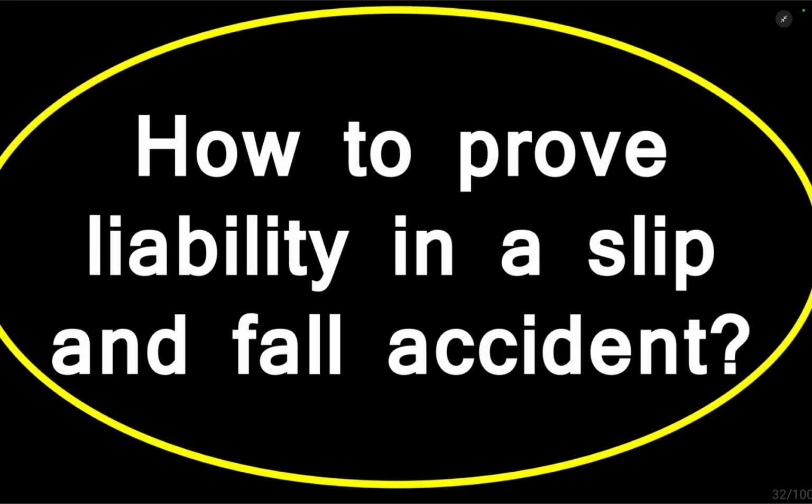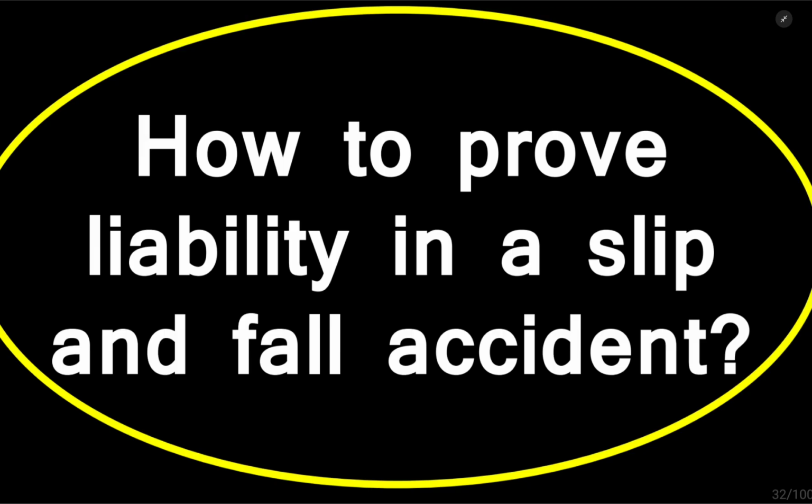How to prove liability in a slip and fall accident. By the introduction, I start by explaining that slip and fall accidents can happen anywhere, from grocery stores to sidewalks, and when they do, it's important to prove liability in order to receive compensation.